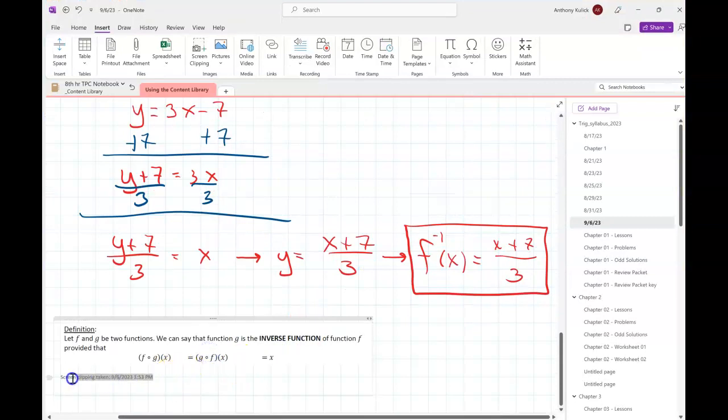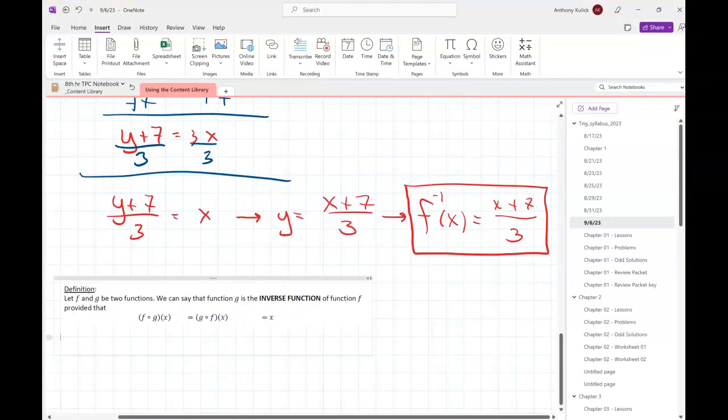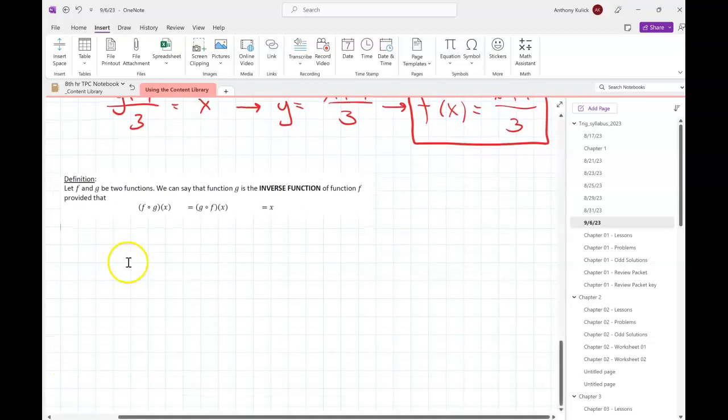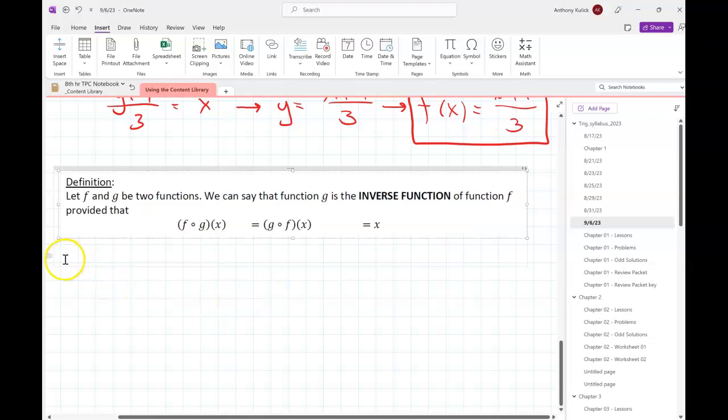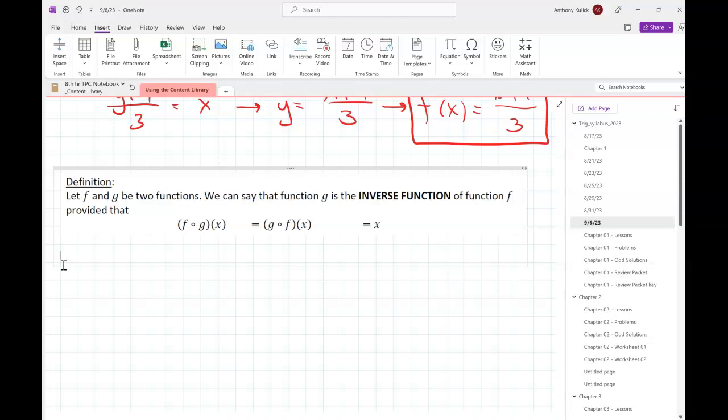I'd remind us of our definition of inverses that we talked about last time. So remember that when we defined an inverse, we said that 2 things are inverses if the composition both ways simplifies down to x, right? Let's do that then for this f and f inverse that we just found.